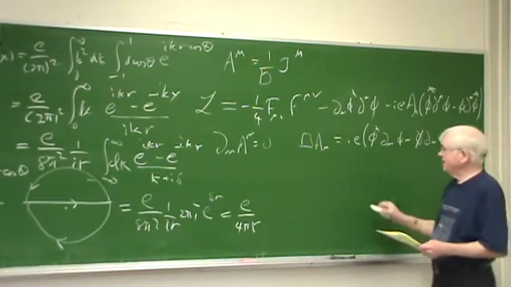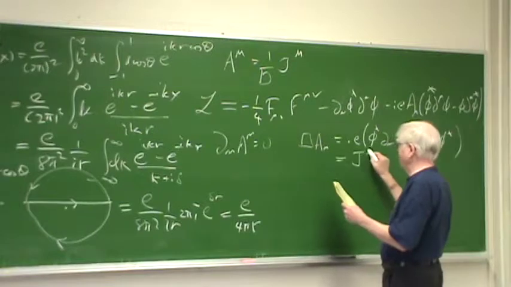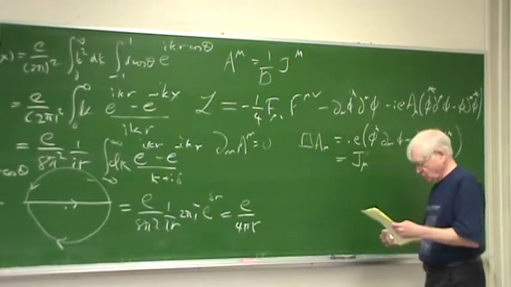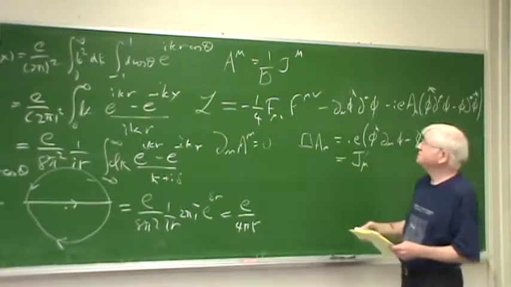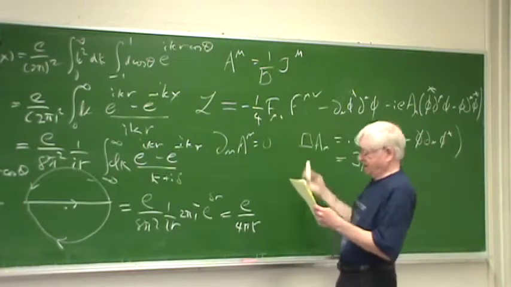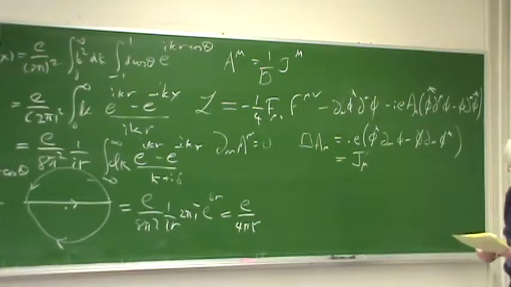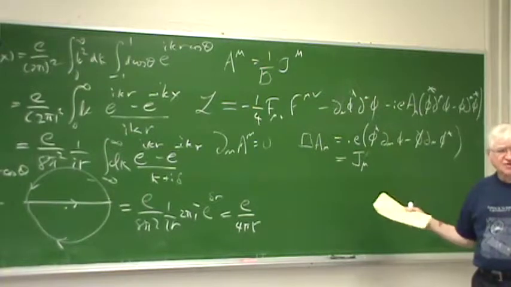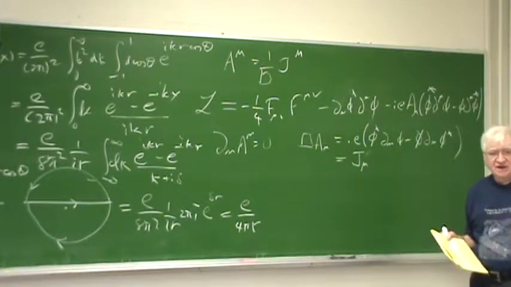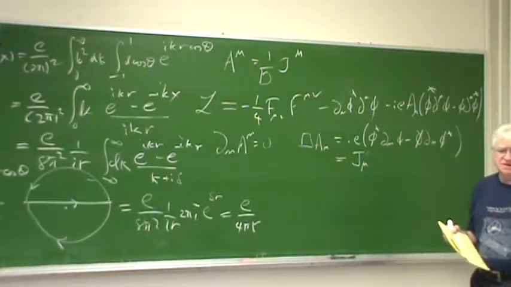And we can just call that J mu. And then we would say A mu is 1 over box J mu. And we could go through the whole thing. So, any questions?